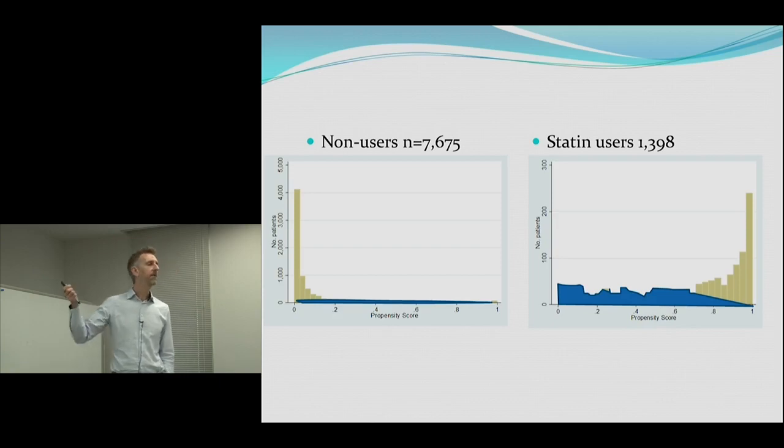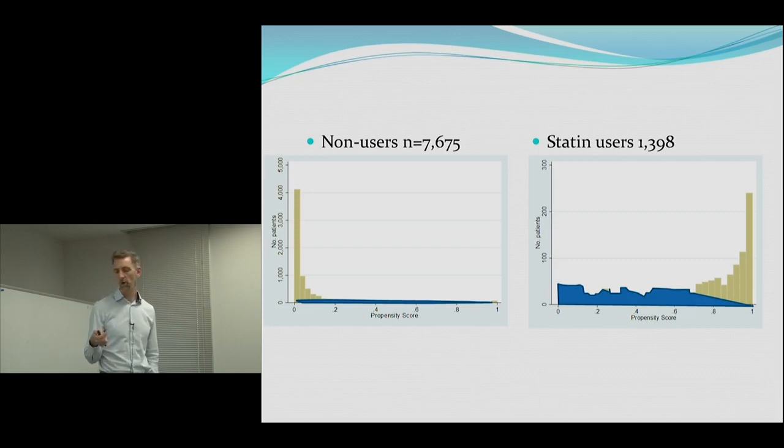Remember I said that there are different ways of using the propensity score, and one is to match individuals with similar scores. The problem is, because we've got very few people with high scores amongst the non-user population, if I match people, I'm going to run out of potential matches for all these people with high scores. So I maybe will lose some important information by doing this.